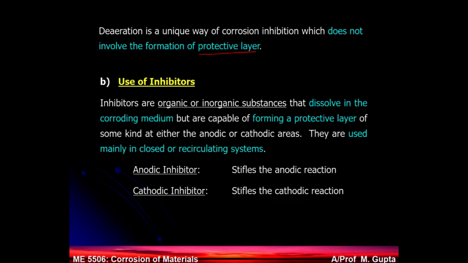So they can be two types. If they make a coating on the anode, then they are called anodic inhibitors.